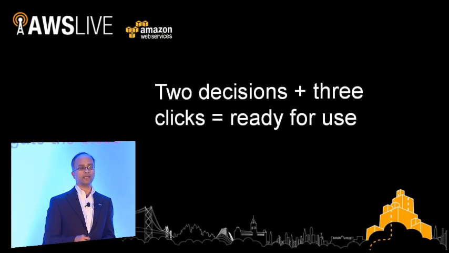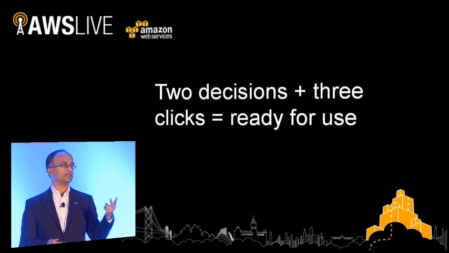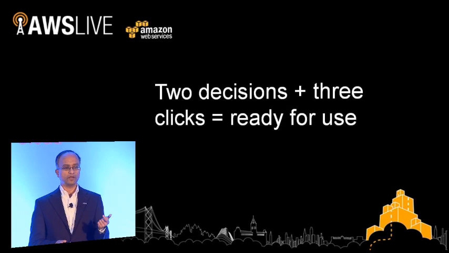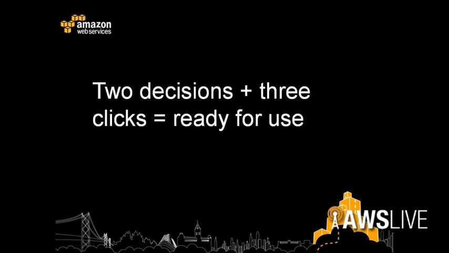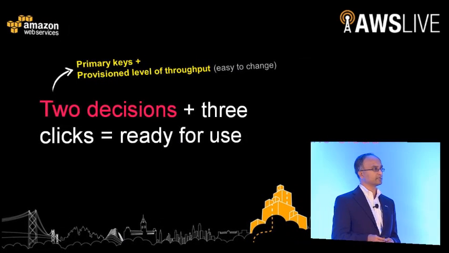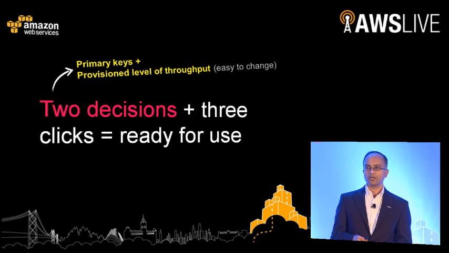So then you might be wondering, hey, sounds too good to be true, how do I get this? There are 2 decisions that you need to make, in addition to deciding to use DynamoDB. 2 decisions, 3 clicks. After that, you are ready to use one of the most interesting technologies of our time. First decision is you have to decide what the primary key is. What key do you want to use? Second decision is what level of throughput would you like to have?